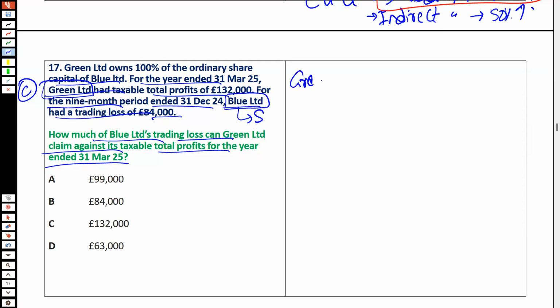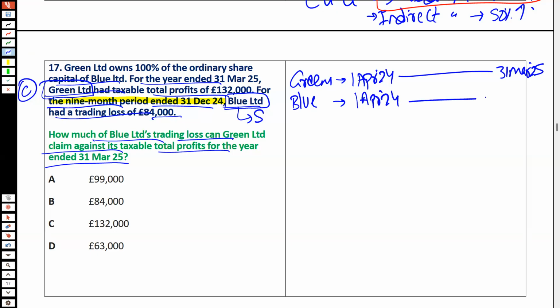Green Limited's year is from 1st April 24 till 31st March 25. And for Blue Limited, it's the 9-month period ended 31st December 24.